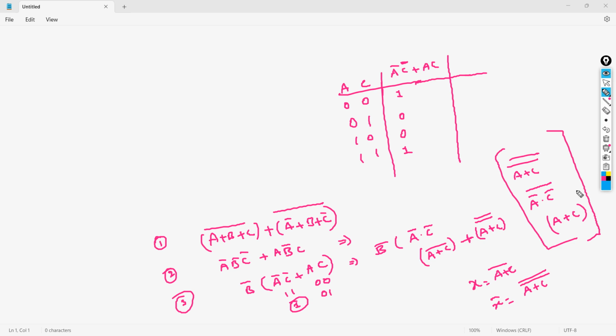This is the outcome of the first thing, correct? Agree? Yes. Now, when you solve this, isn't it going to be A plus C?